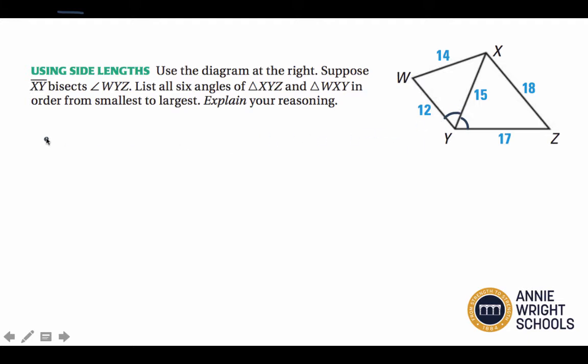So I'm going to draw a triangle XYZ. It looks something like this. And I know this is X, and this is Y, and this is Z. And I know this is 17, and I know this is 18, and I know this is 15.